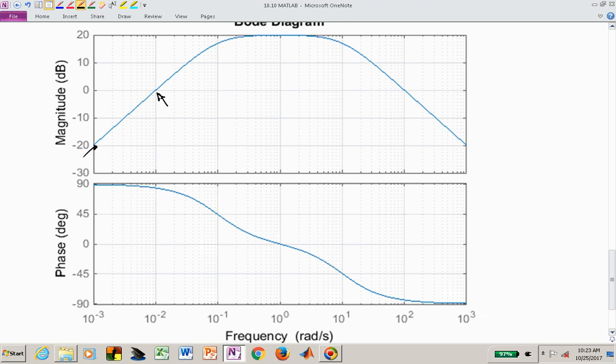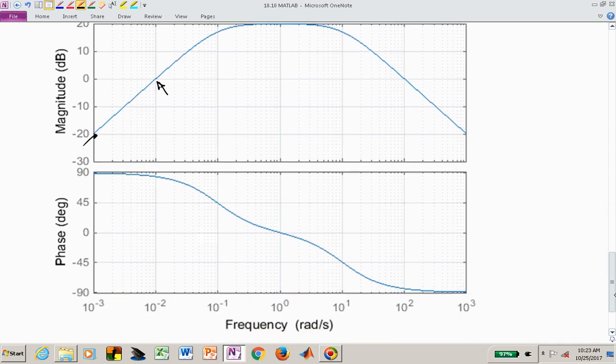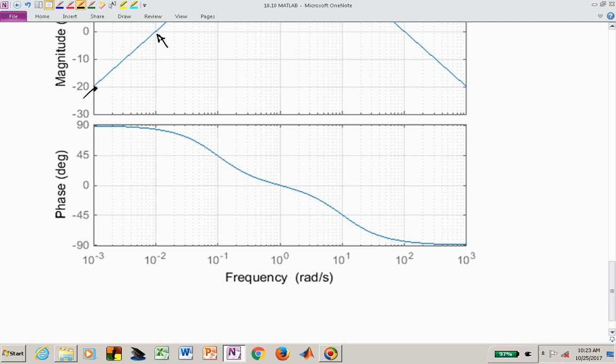Our poles stop contributing phase slope beyond 100 in our straight line approximation, and that's what we're seeing here in this phase plot via the MATLAB commands. And that is then a validation of what we have just sketched in our Bode plot by hand.